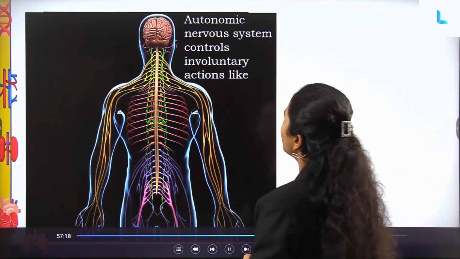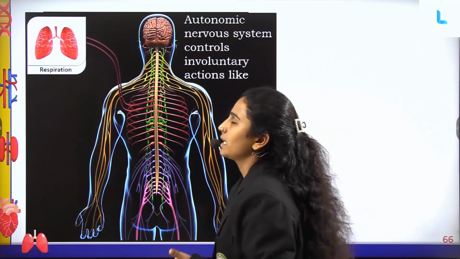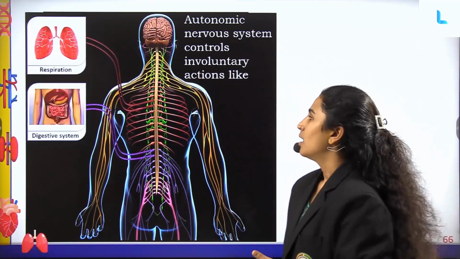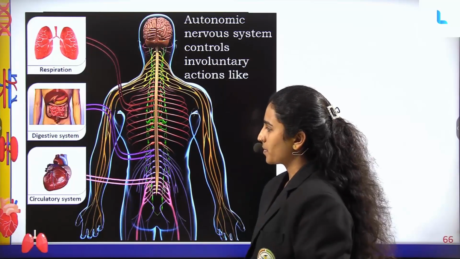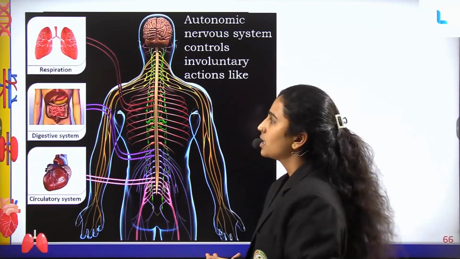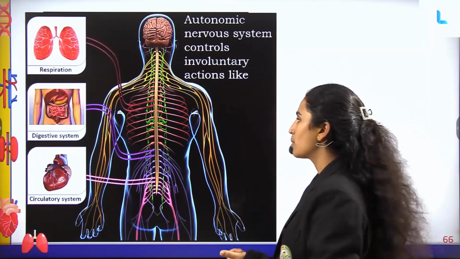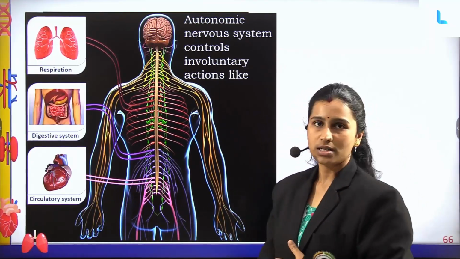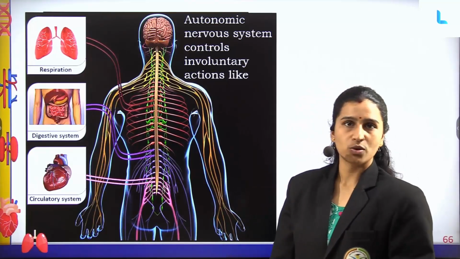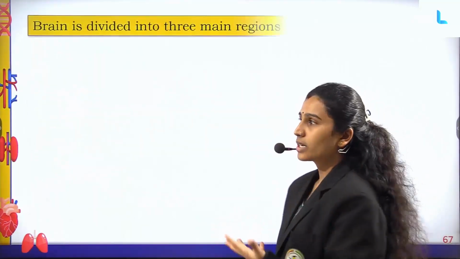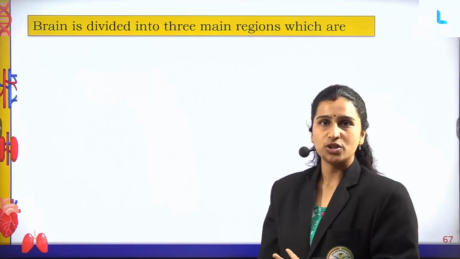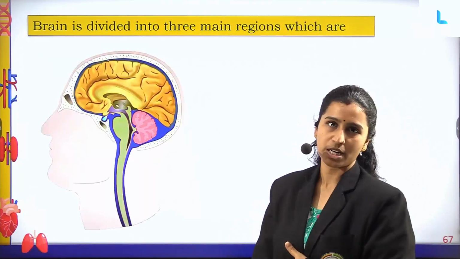It controls our involuntary actions like respiration, the digestive system and the circulatory system, performed by our body without our knowledge. We don't know when our stomach is going to function, and we cannot control respiration, isn't it?